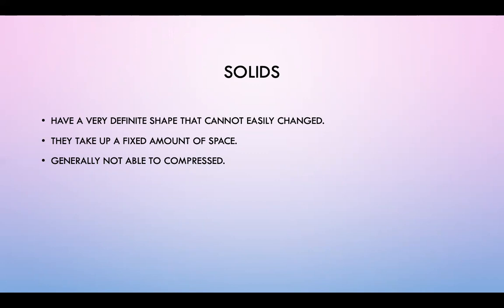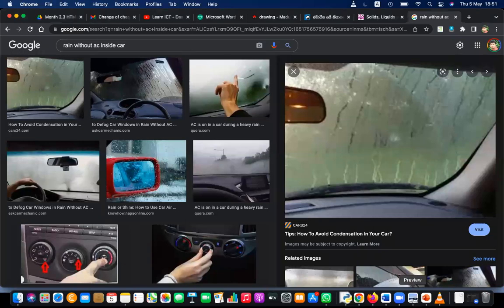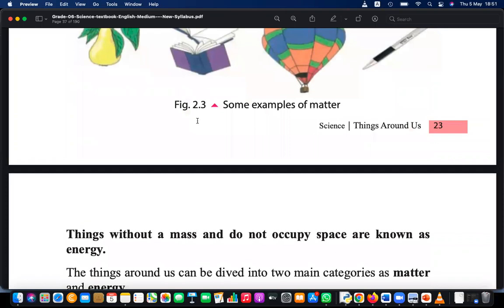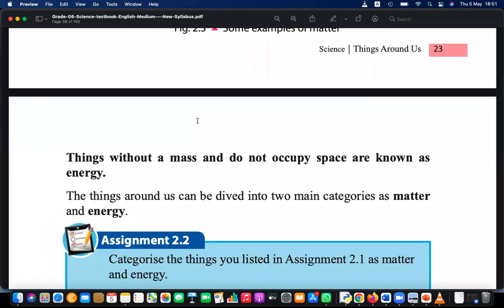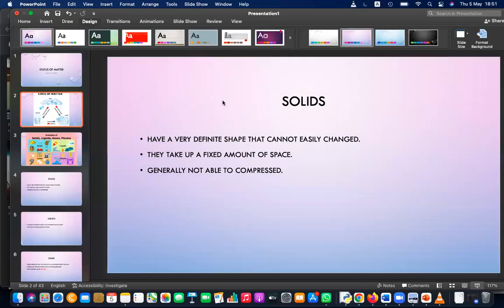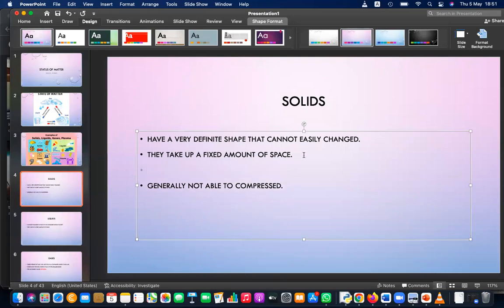Okay, please write down this as well. Sorry, let me add this. Let me edit this. Take up a fixed amount of space, having mass.